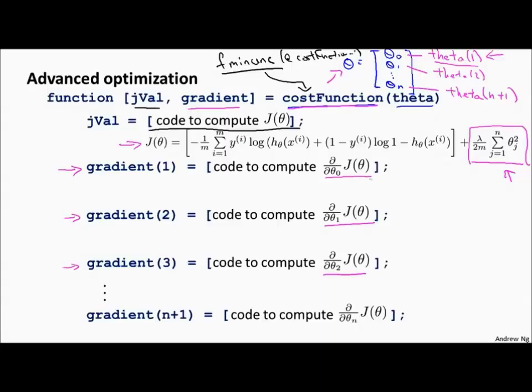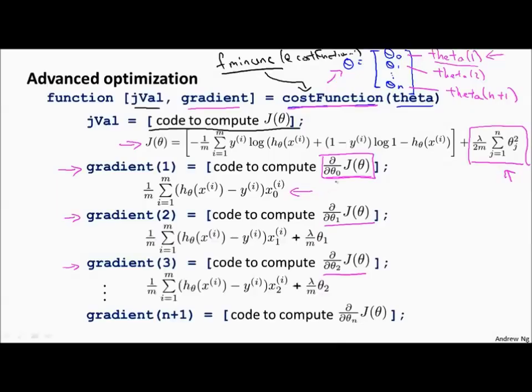Looking at these terms, this first term we actually worked out on a previous slide. It doesn't change, because the derivative for theta 0 doesn't change compared to the version without regularization. The other terms do change.